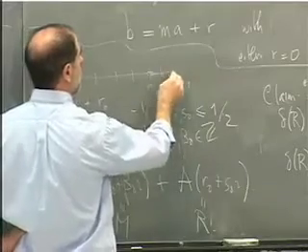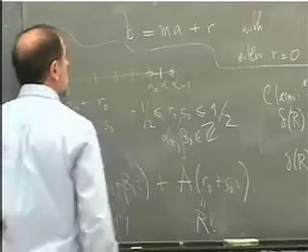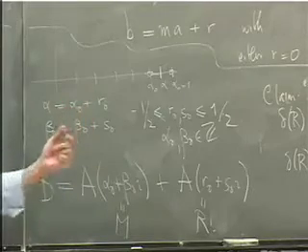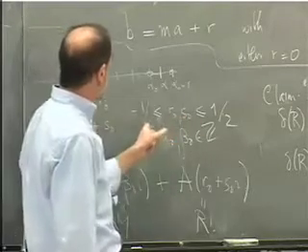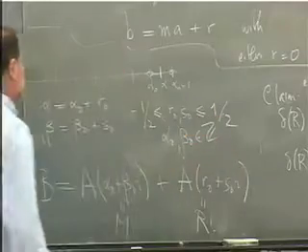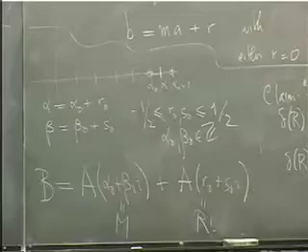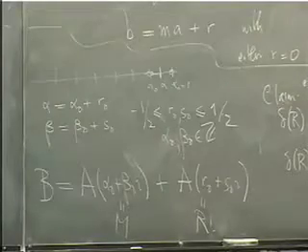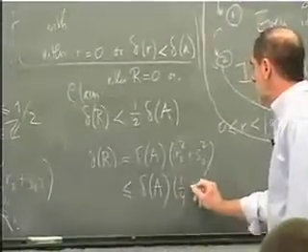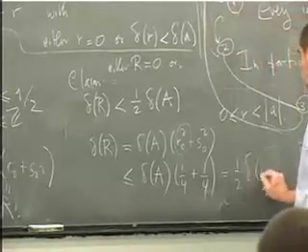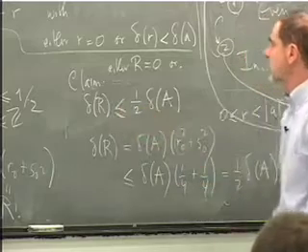One of these integers is within a half of the rational number alpha, in absolute value. So I can arrange that the remainders lie between minus a half and a half instead of 0 and 1. And then R0 squared plus S0 squared is less than or equal to delta A times a quarter plus a quarter, which is 1/2 of delta A. And I see that now I have to put less than or equal to here.